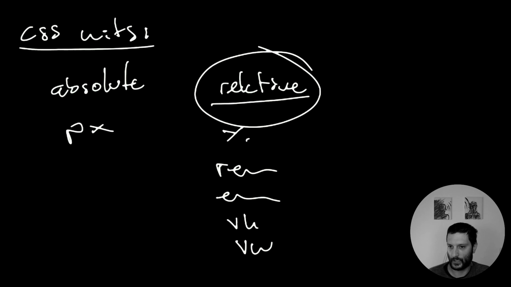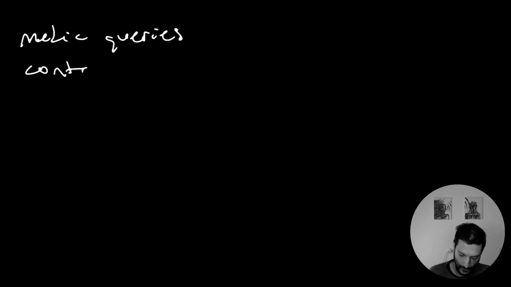And of course, I'm assuming a little bit that we want to do some responsive design. So you also can use media queries, right? And here you can use media queries and also container queries.